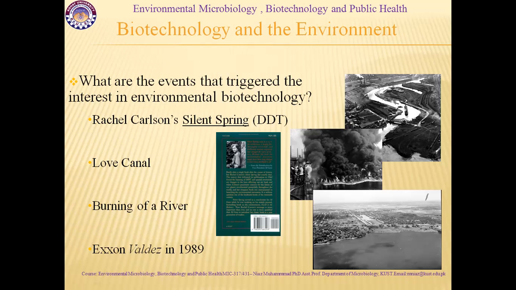So such types of events made people aware that to tackle such types of issues, suppose toxic metals in canals, fire in river due to toxic chemicals, and oil spills, because without that no industrial progress can be made on this globe.